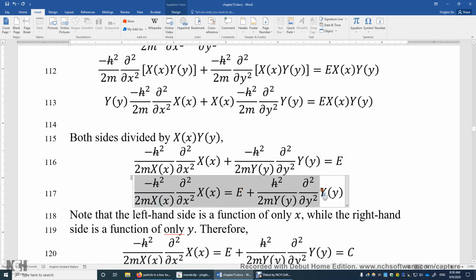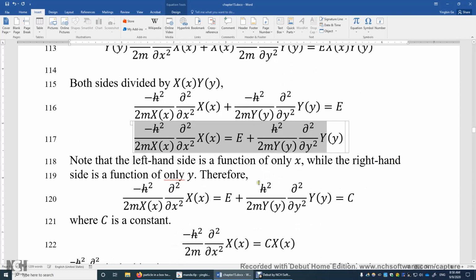Now we get this equation. It looks very complicated, but it's really easy to solve because the left-hand side is a function of variable x and x only. The right-hand side is a function of y and y only.